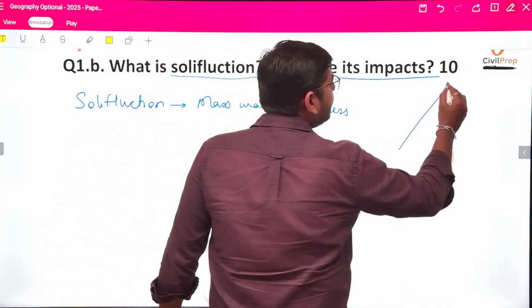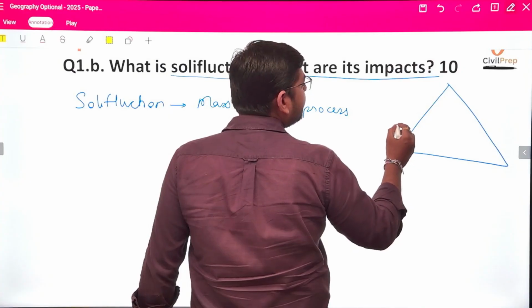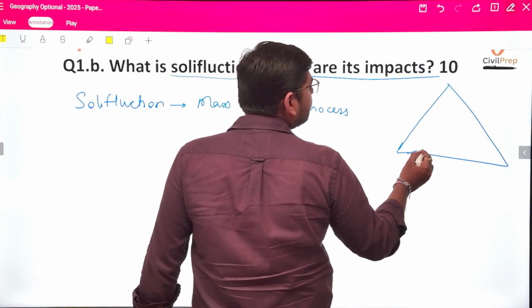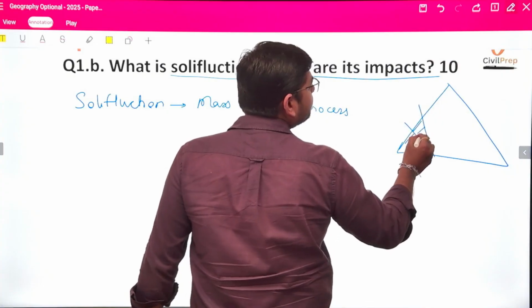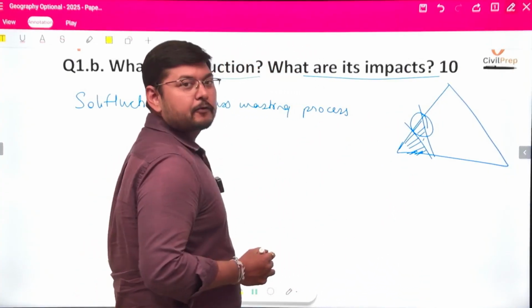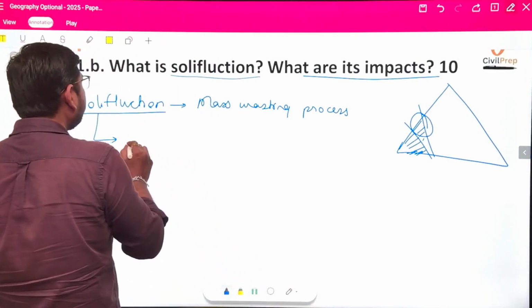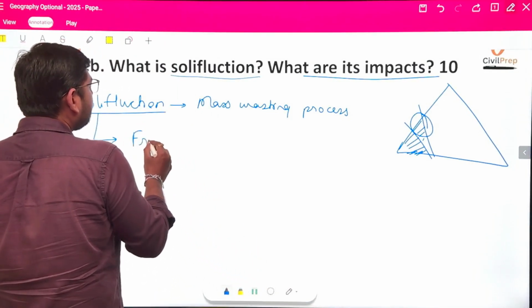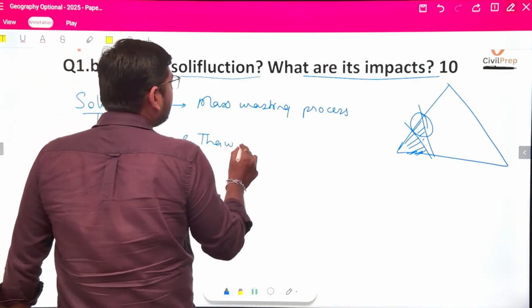If we see here the triangle of mass wasting, solifluction will come here. This will be the region where solifluction will happen. This is mass wasting, and it generally takes place because of the freeze and thaw mechanism.